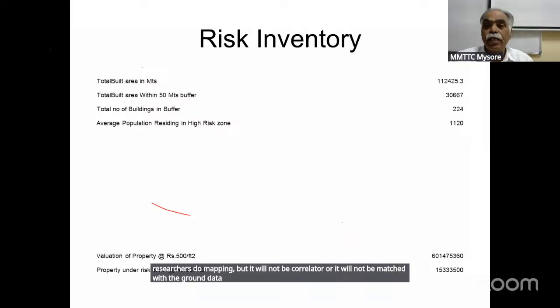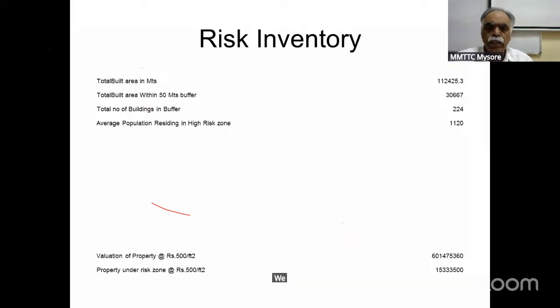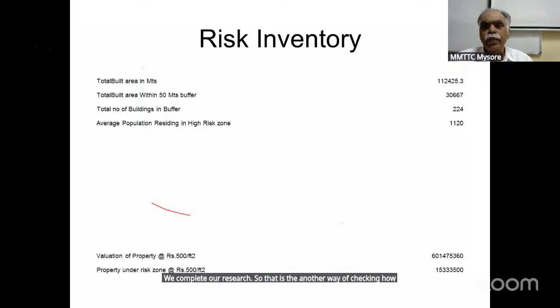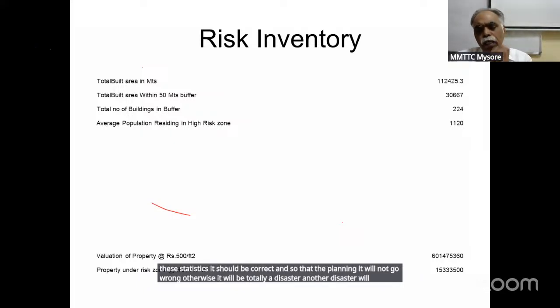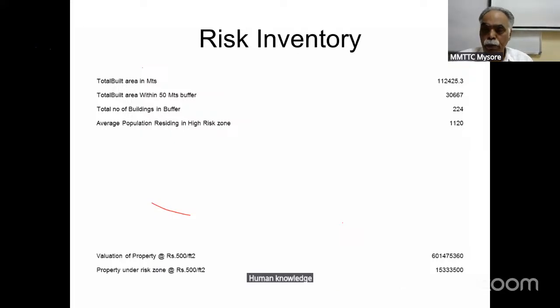So that kind of accuracy checking should be done once we complete our research. That is another way of checking how accurate you are in your research work and management. Because when we give these statistics, they should be correct so that the planning will not go wrong. Otherwise, it will be totally a disaster, another human knowledge-based disaster.